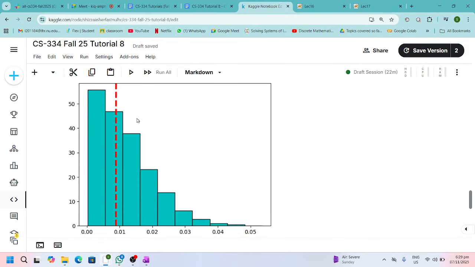But in order to do that, you have to have a certain predefined threshold, right? यहाँ पे ये value 0.008 है, just a little behind 0.01.